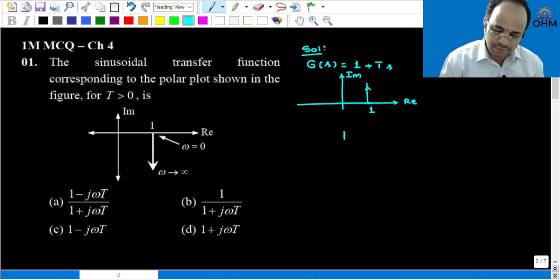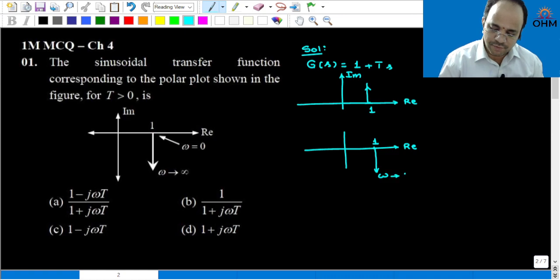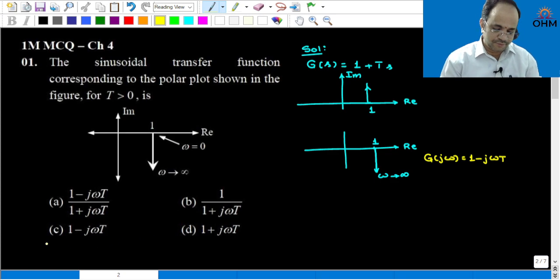In the similar way, the real part is the same 1, and when the frequency is increasing towards infinity, the plot will come down to the bottom. This could be the transfer function for 1 minus j omega t. Therefore, option C will be the correct answer for the question.